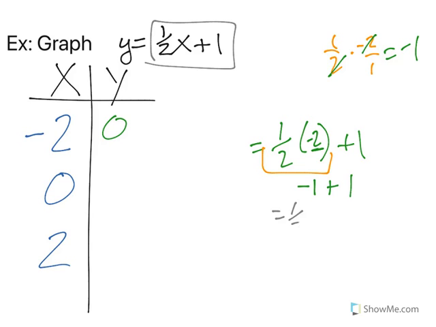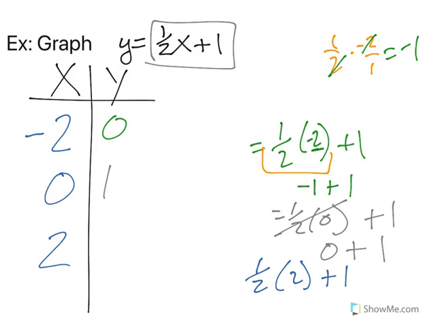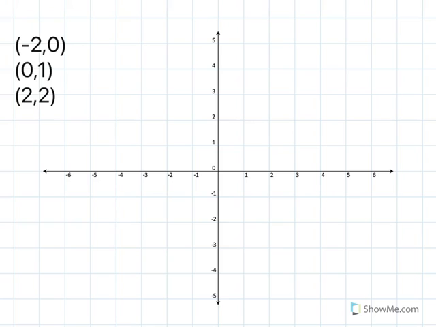Okay, so now I'm taking 1/2 times 0 plus 1. Well, anything times 0 is just 0. I'm left with 1. And then last but not least, 1/2 times 2 plus 1. Again, I'm cutting 2 in half, and I get 1 plus 1, whoops, is 2. Okay, so my points: negative 2, 0; 0, 1; and 2, 2.